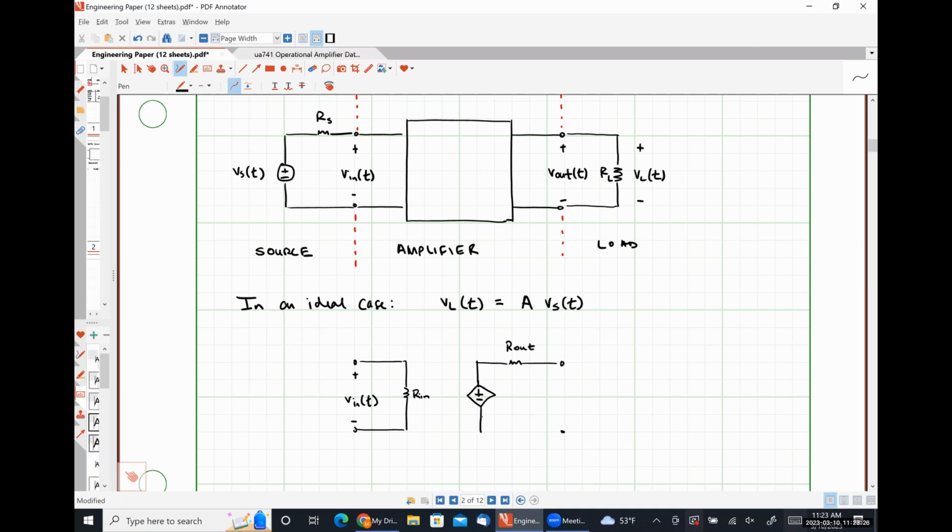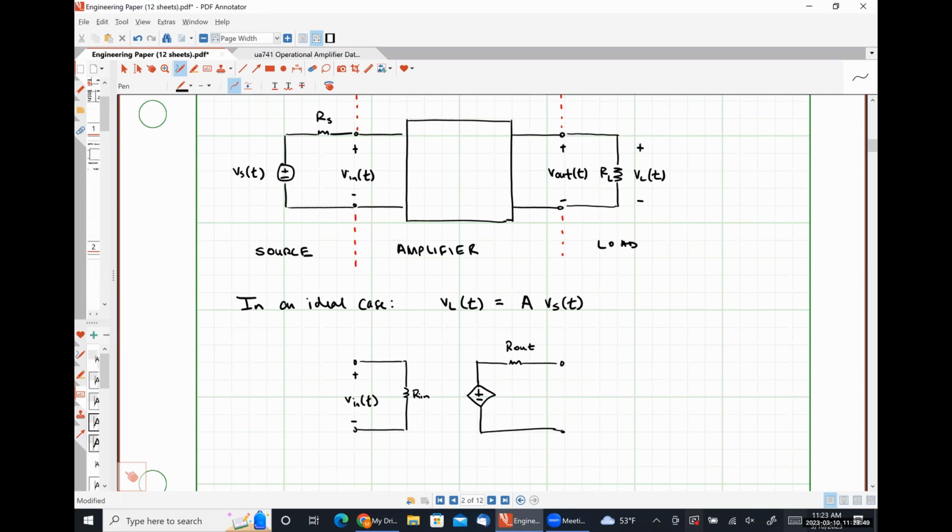And this is going to be a little bit weird here. Okay. Instead of putting in an independent voltage source, I'm putting in a dependent voltage source. So let me explain why. We are expecting that the output voltage seen at the output terminals of our amplifier is a scaled version of whatever we have at the input.